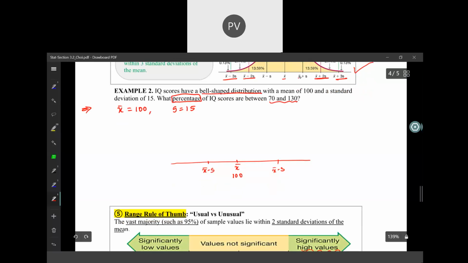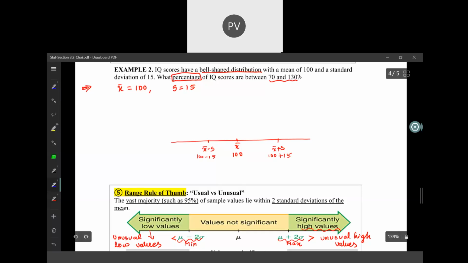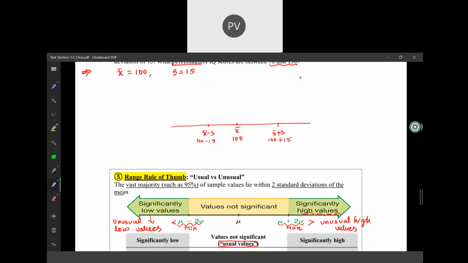Within one standard deviation, what will be the values here? 100 minus 15 and 100 plus 15: 85 and 115.